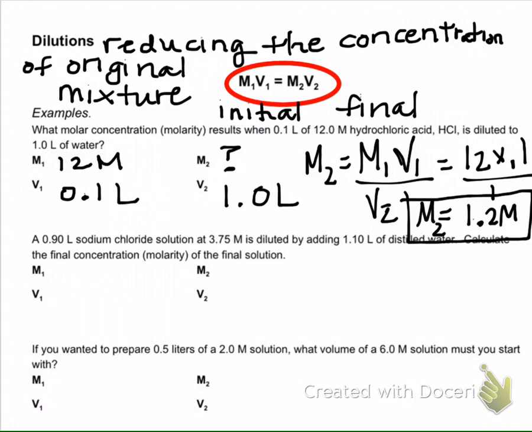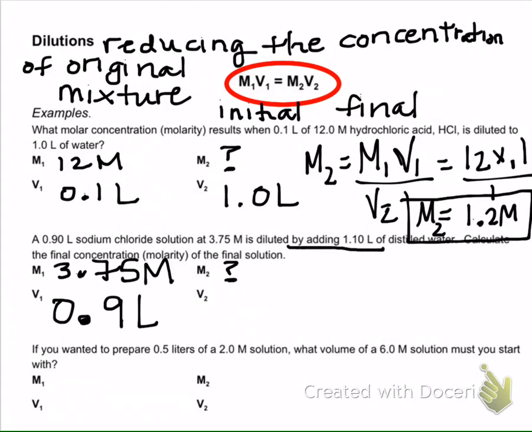In the next one, I have a 0.9 liter sodium chloride solution, and it has a molarity of 3.75. So that is my initial molarity. My volume is 0.9 liters. My final concentration, I don't know that. And my final volume, they're saying that we added 1.1 liters to the original 0.9.